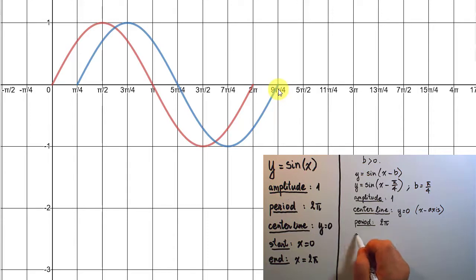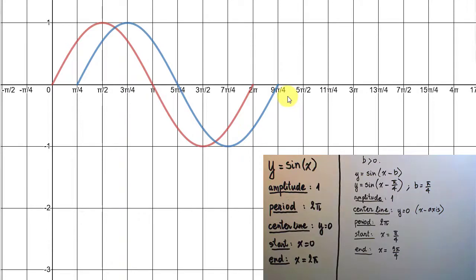Our function sine of x minus pi over 4 has a start at x equals positive pi over 4 this time, and it has an end at x equals 9 pi over 4.